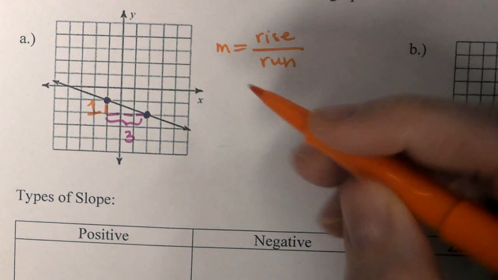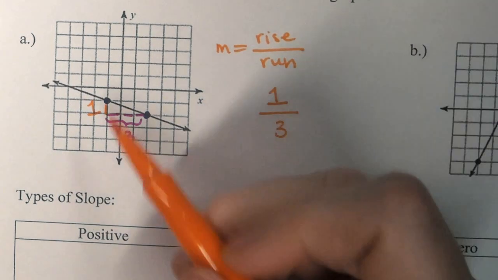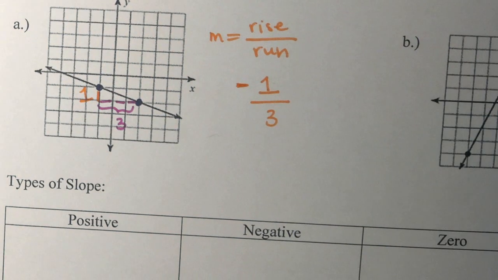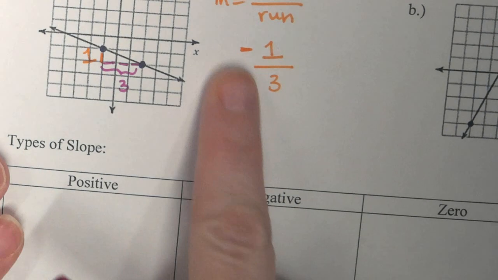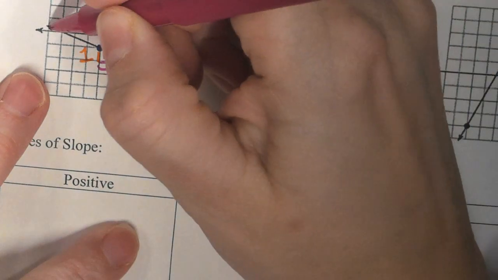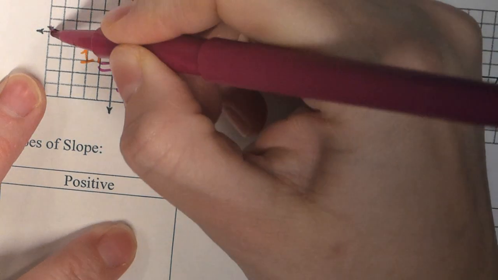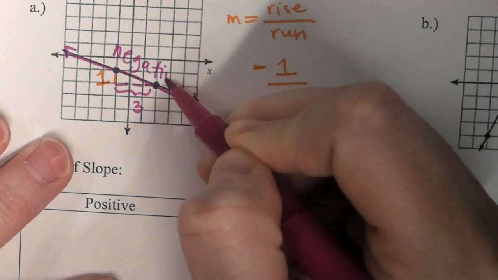So the rise is 1, the run is 3, but because we went down, this is going to be a negative. The way I determine if it's positive or negative, because I like just doing the 1 and the 3 here, so 1 over 3, is: do you see from right to left, the arrow is going down? If it's going down, then you have a negative slope.